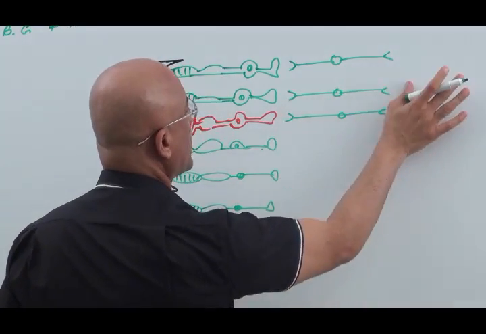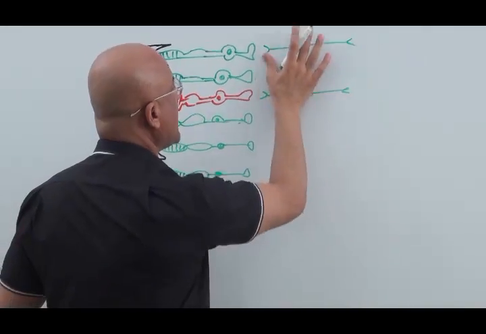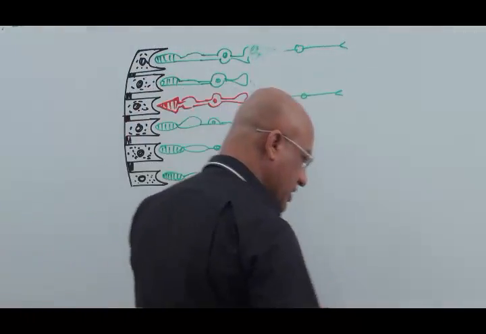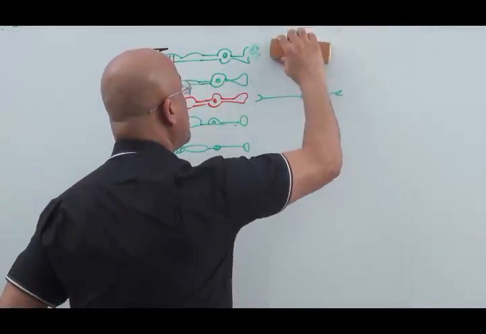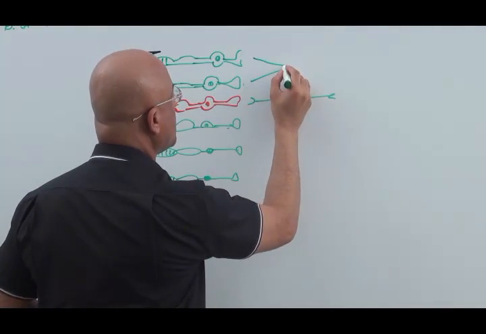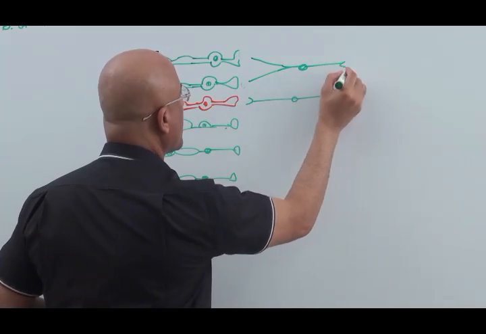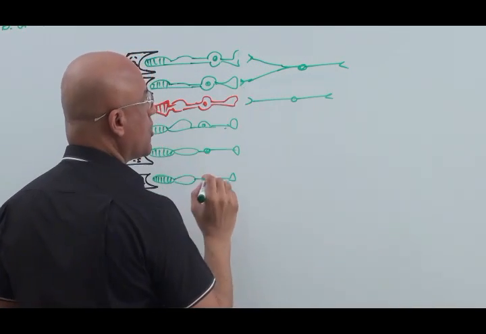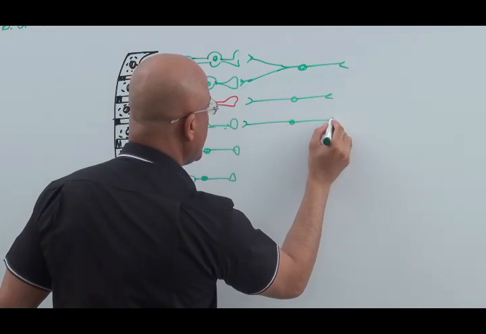Now here it is important, rather I must show that rods usually have more convergence. Rods have usually more convergence to the bipolar cell. For example, there may be one bipolar cell connecting to multiple rods.